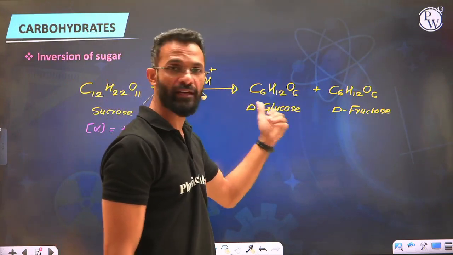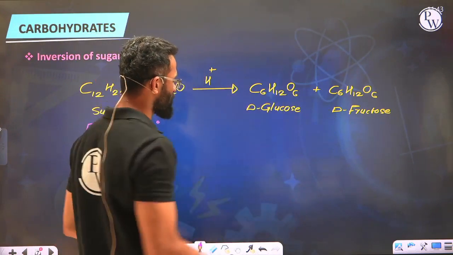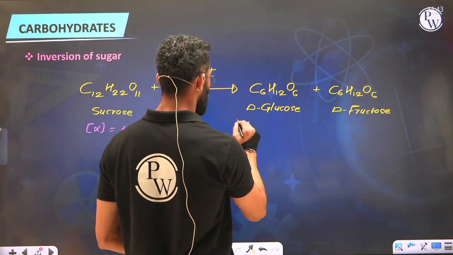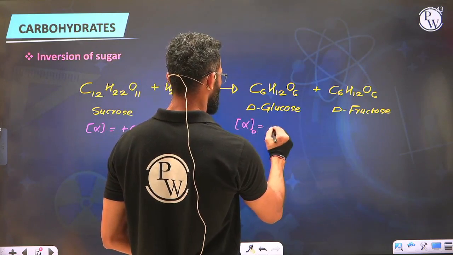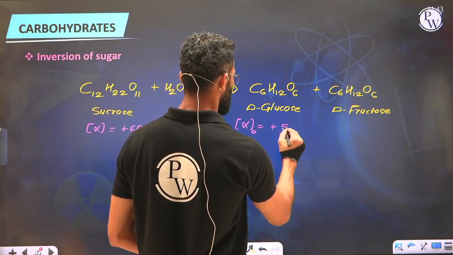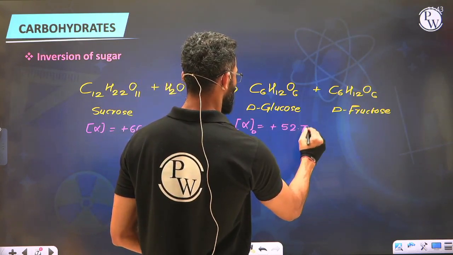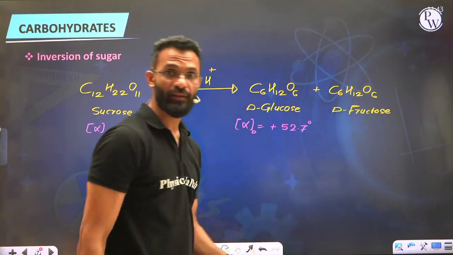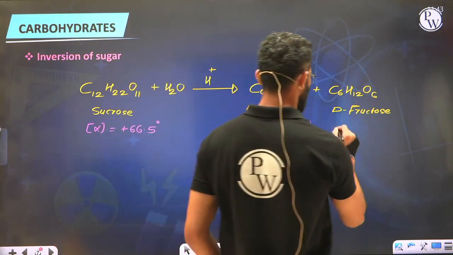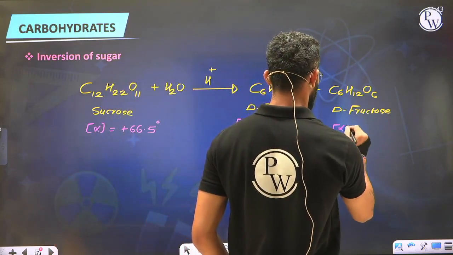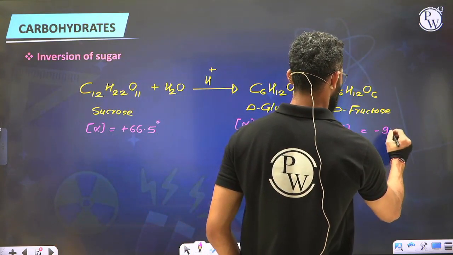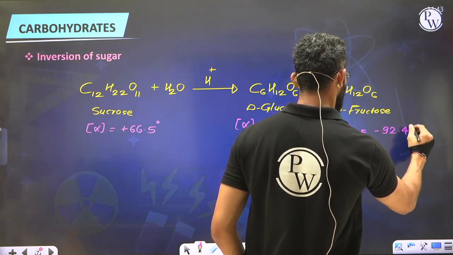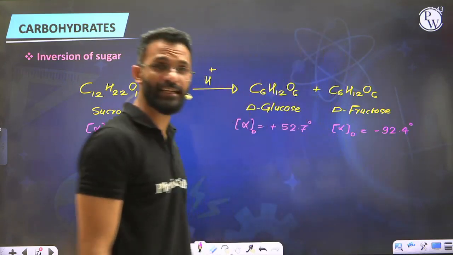Glucose, being dextrorotatory, has an optical rotation of plus 52.7 degree, whereas the fructose obtained shows an optical rotation of minus 92.4 degree. What does this indicate?